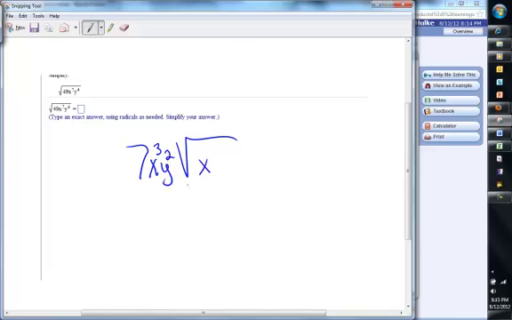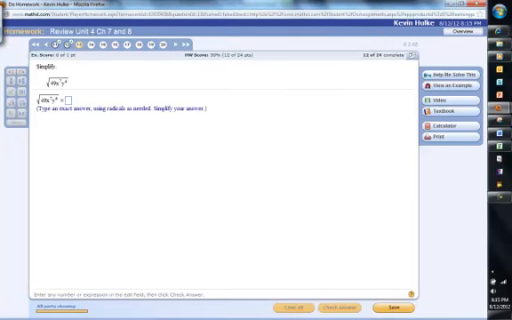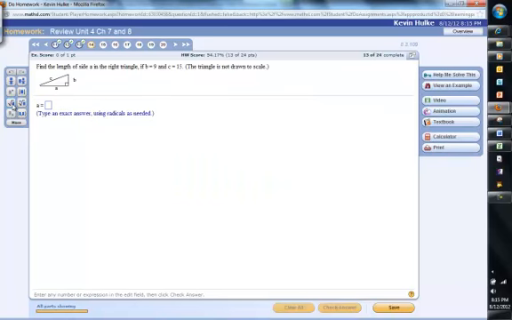Remember, you take half of each one of those. So it's 7x cubed y squared square root, and we still have an x left under the radical.